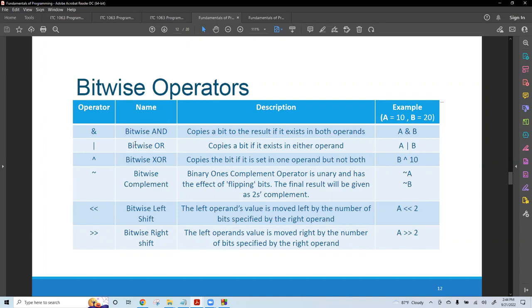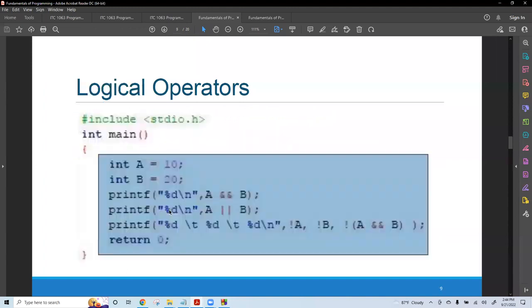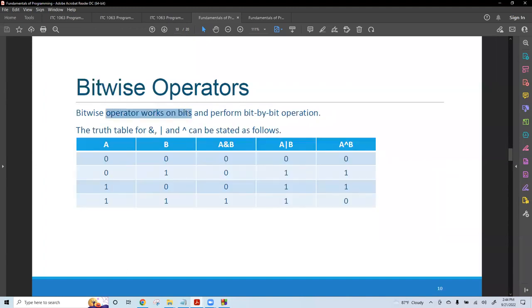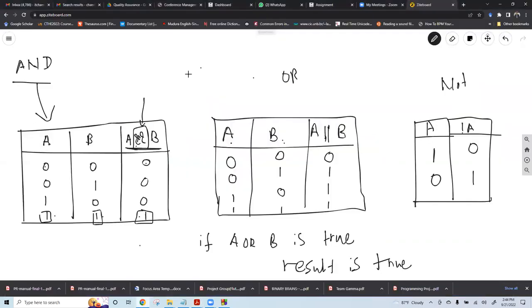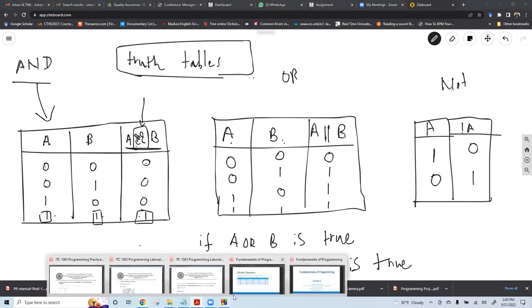So these operators are used, right? Bitwise operators work on bits and perform bit by bit operations. Right? So again, the truth table, the table that I have shown you, we call them truth tables. True or false, this information can be gained from that.